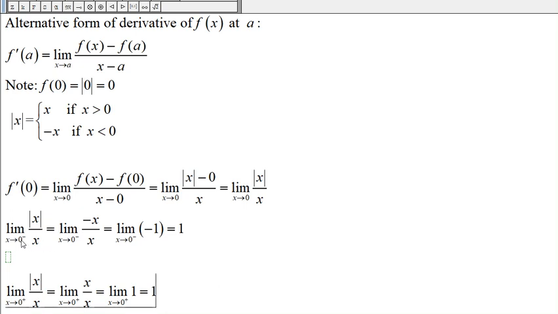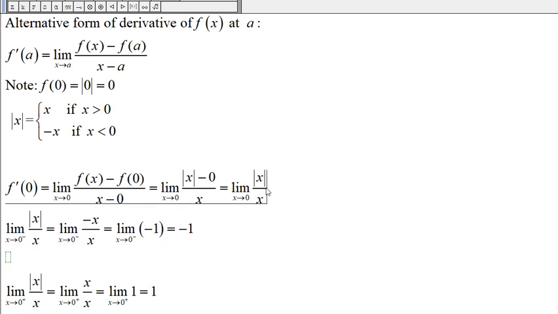So the limit as x approaches 0 from the left is negative 1. The limit as x approaches 0 from the right is positive 1. And so they're different. So the limit from the left is negative 1, the limit from the right is 1.